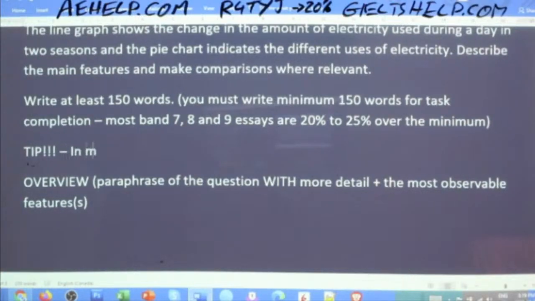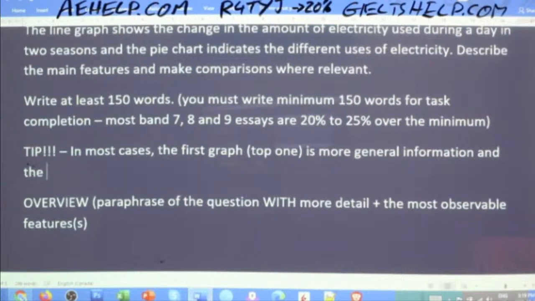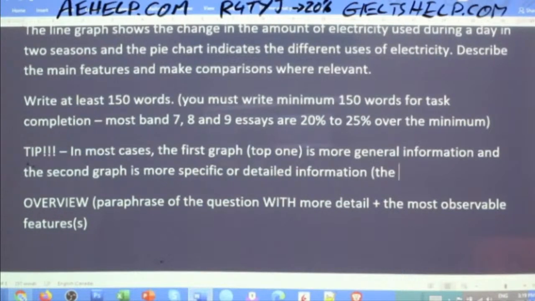Okay, in most cases, the first graph, you can say the top one, is more general information, and the second graph or chart is more specific or detailed information, the bottom one.